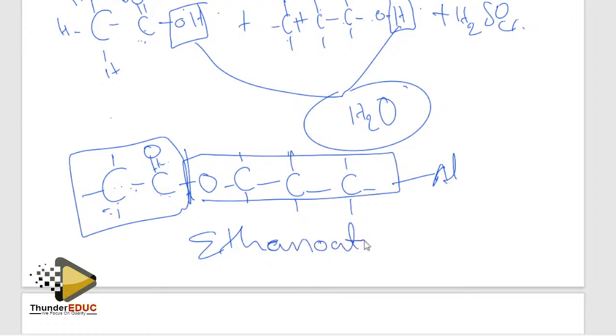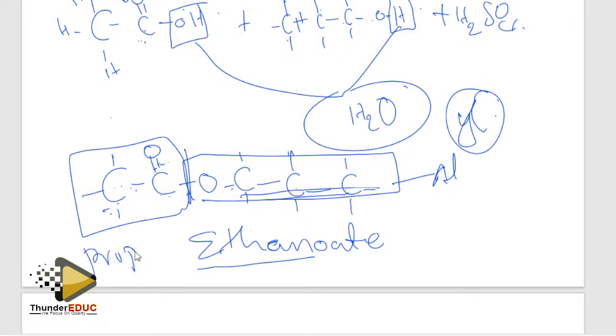You go up to this point. But now you have this side group. Remember, once you add YL, it means that this is a side group. 1, 2, 3. So it is 3 of them. So it's prop, and then I add YL, propyl ethanoate.